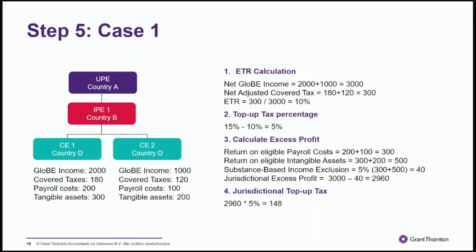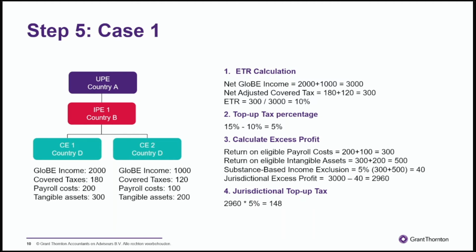But in this case, for the example, we take 5%. So we take 5% of 800, and that's 40. So the 40 we can deduct here from the globe income. So the 3000 deduct 40, and what's left over is 2960. And if we look onto the top-up tax, that's a simple calculation.